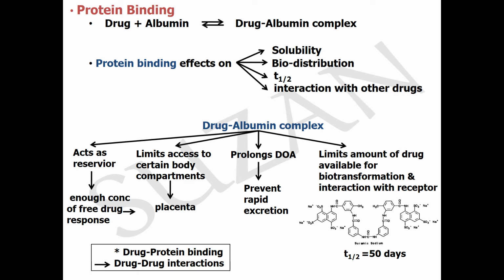Also, the drug albumin complex can prolong the duration of action of drugs, and this is because the drug protein complex is too large to pass through the renal glomerular membranes, and therefore will prevent rapid excretion. The drug albumin complex can also limit the amount of drug available for biodistribution and interaction with the receptor, and the example is suramin, a trypanocide.